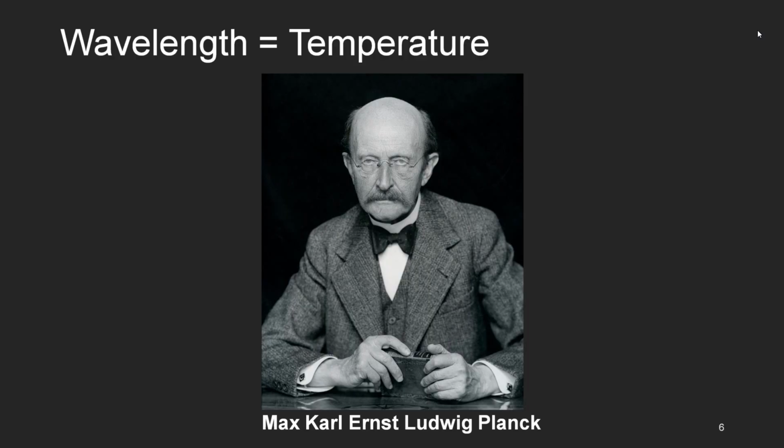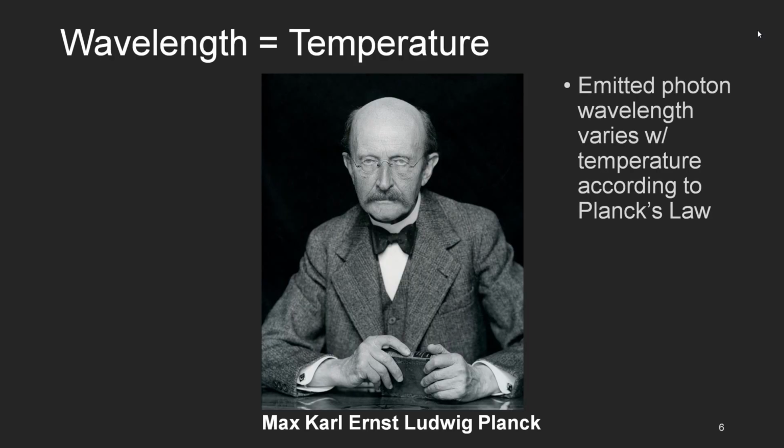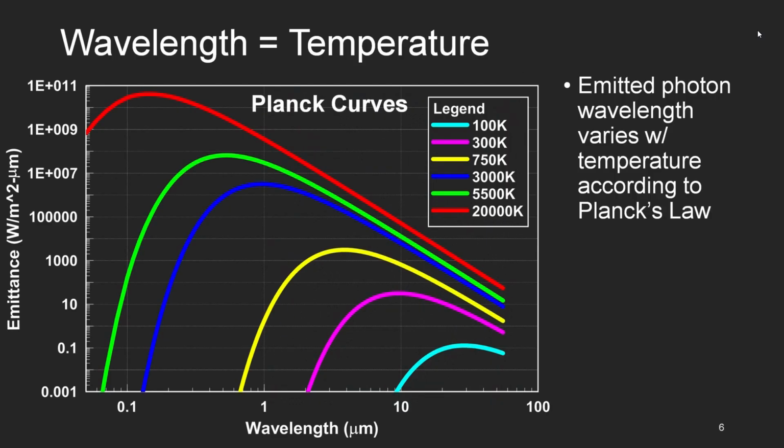Planck was awarded a Nobel Prize in 1918 for his discovery. In Planck's law, the spectrum of the light emitted by an object is related to its temperature. Note from the different blackbody emission curves plotted here how the wavelength of the peak emittance shifts to a progressively shorter wavelength as the object's temperature goes up.